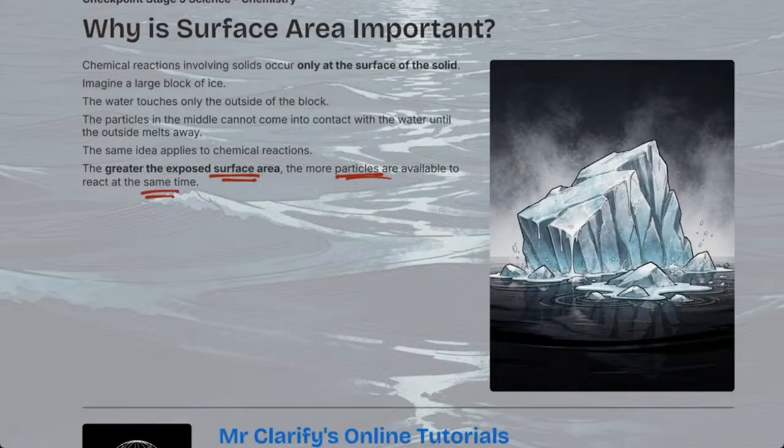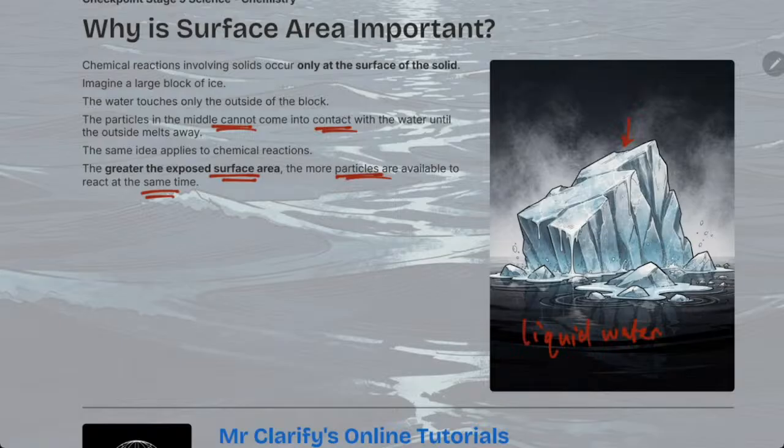We've already said here, particles in the middle cannot come into contact with any other reactant. Here they are just giving you an example of solids, a large block of ice like this one. Now, this large block of ice, if you put it into liquid water, can you see that? What will happen?